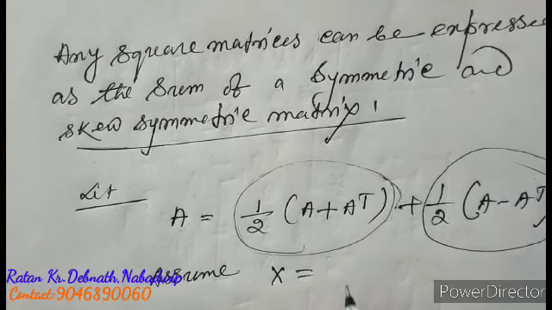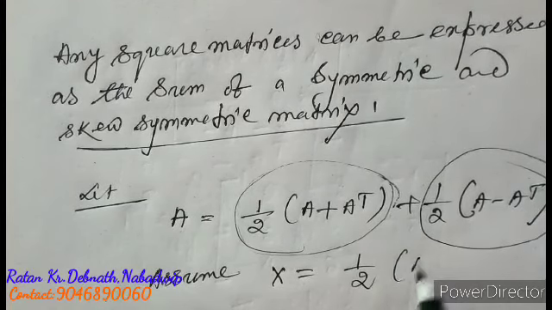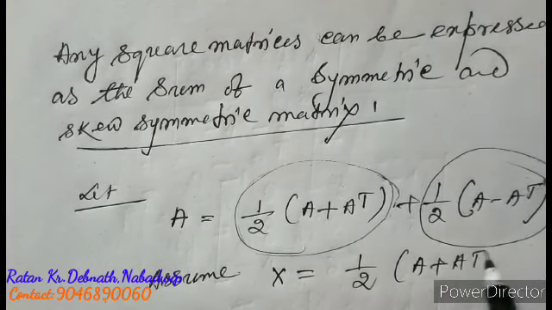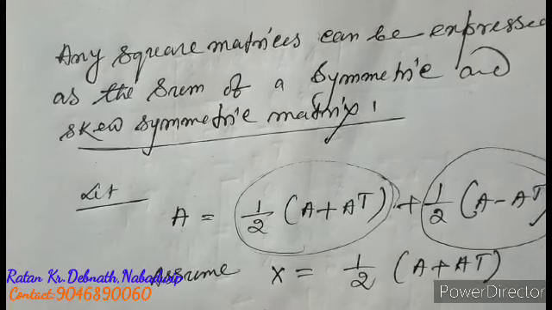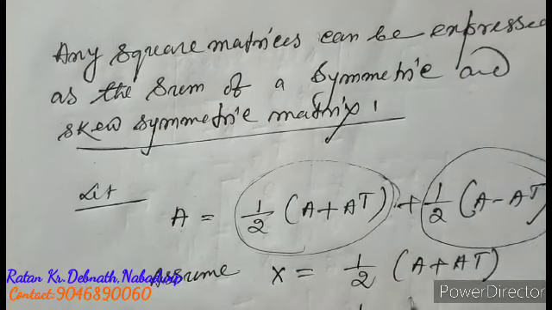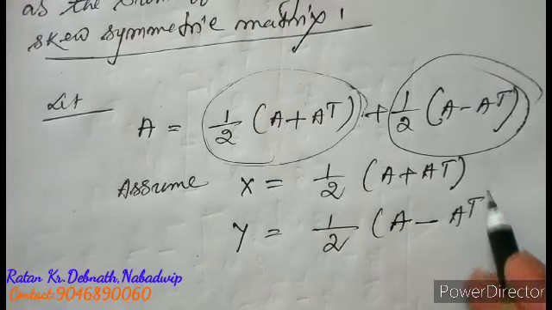We assume x equal to half of (A plus A transpose) and y equals to half of (A minus A transpose).